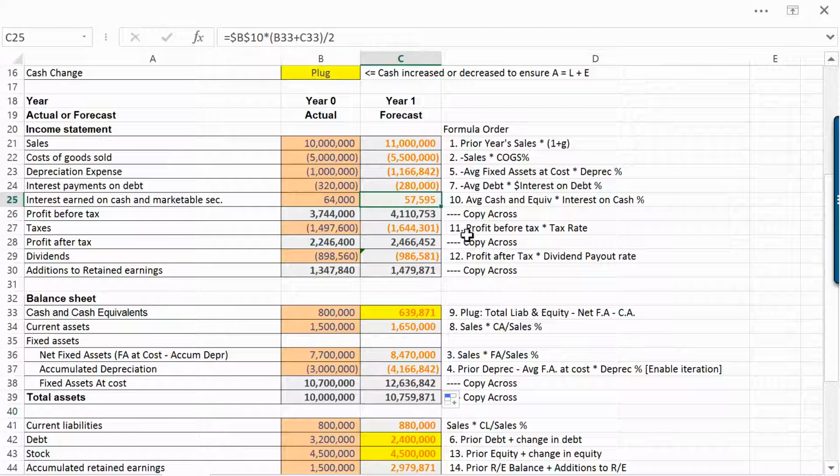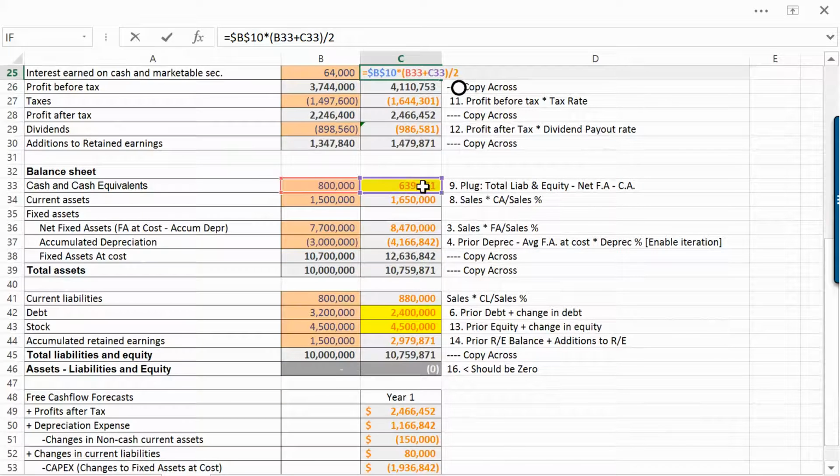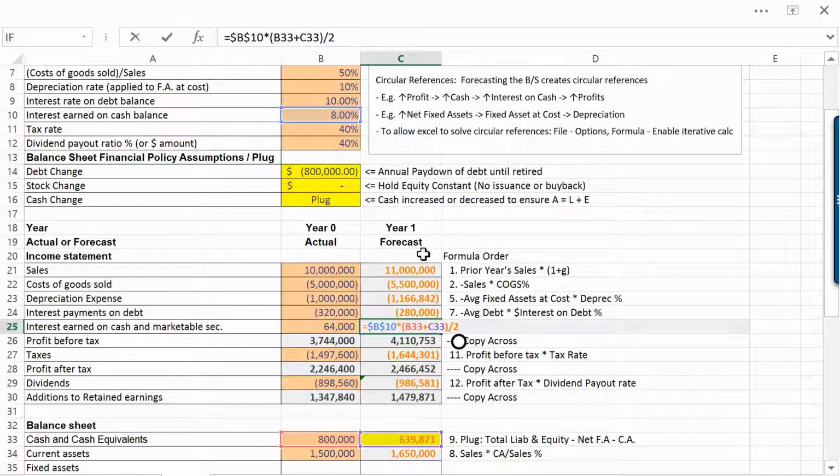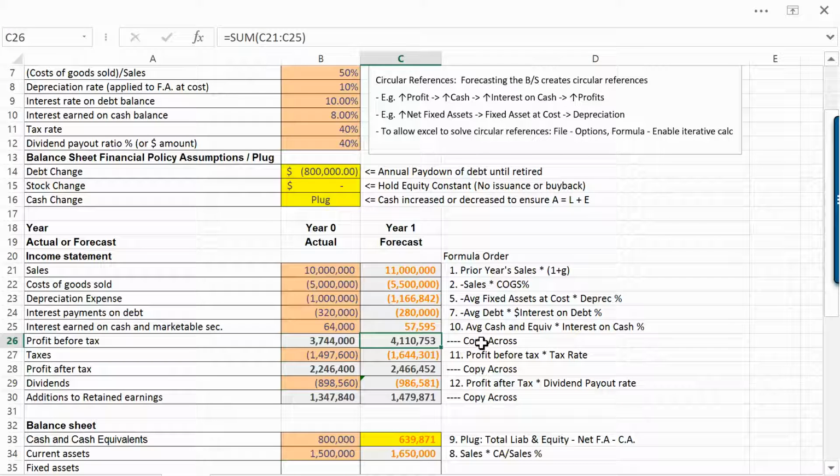So when I calculate the average interest earned on cash, I now have a cash amount. Use the average cash balance multiplied times the interest on cash, and I have interest investment earnings. In other words, interest earned on cash. That gives me total profits, taxes, profits after taxes. I'm going to use a dividend rate of 40%. Let's assume the company pays out 40% of its earnings as dividends.